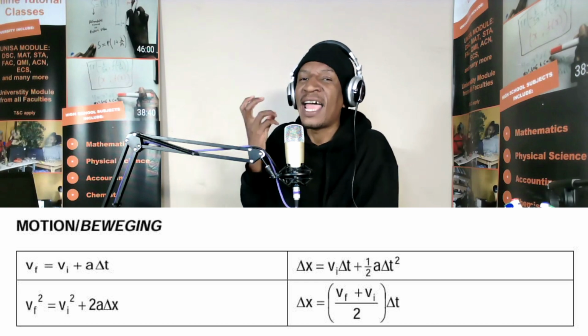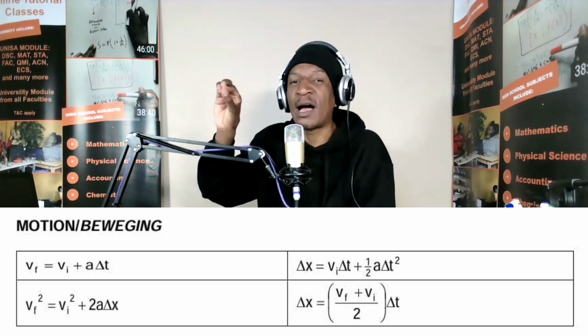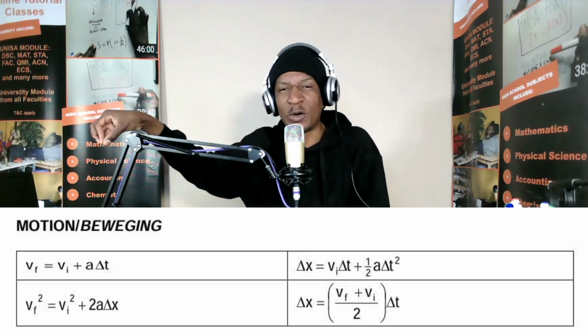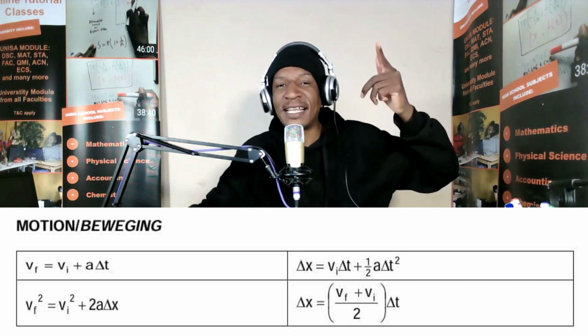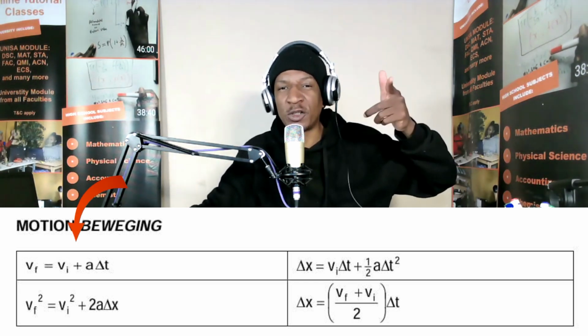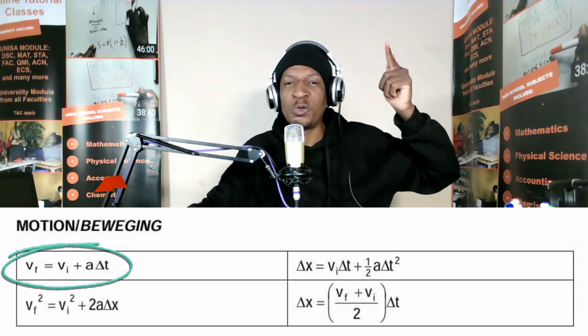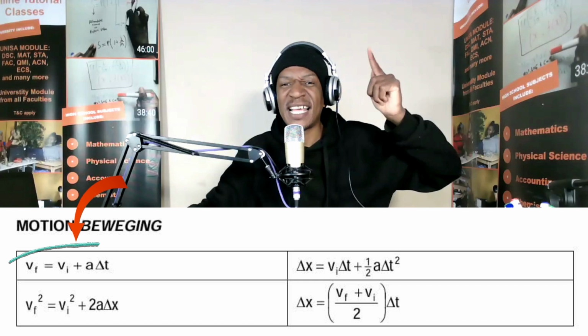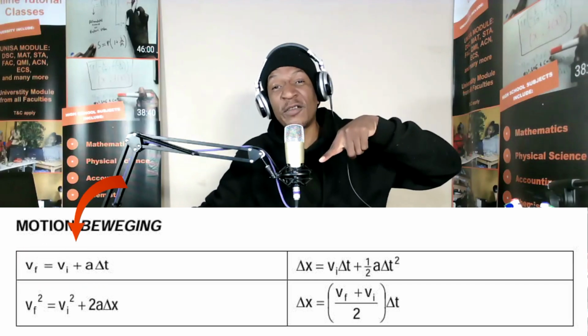And to be honest, every variable or every equation that you see comes from another existing equation in most cases. Let me give you an example. Let's look at the first equation of motion: VF is equal to VI plus A change in T. Final velocity is equal to the initial velocity plus acceleration times change in time.